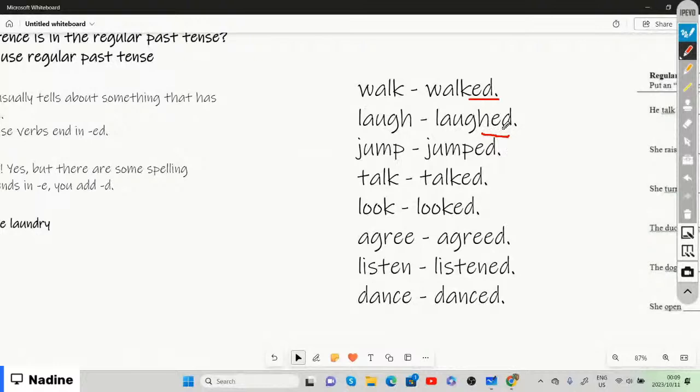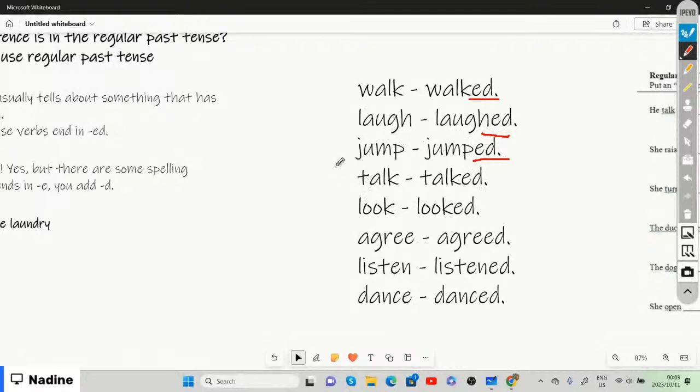All right, so now I jump over the rope. But in the past, I jumped over the rope. And there we have our ed that was added to that word to basically show the past tense form.